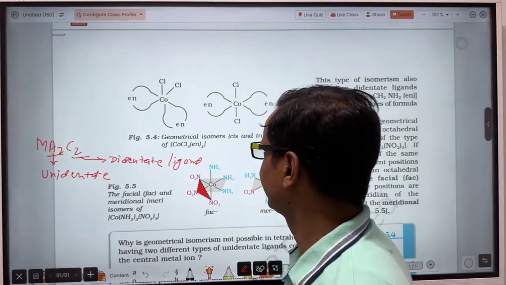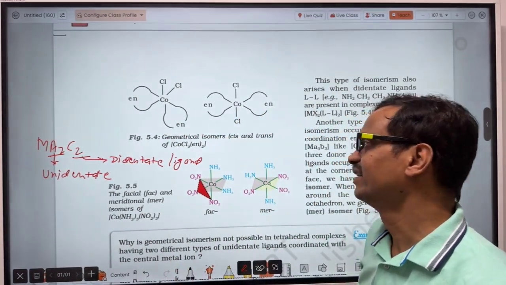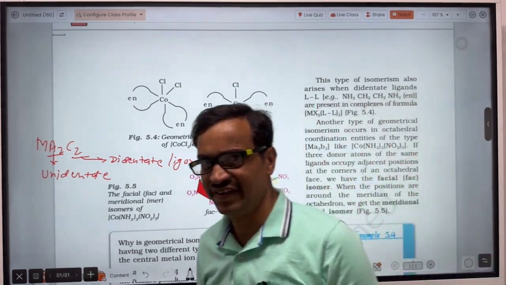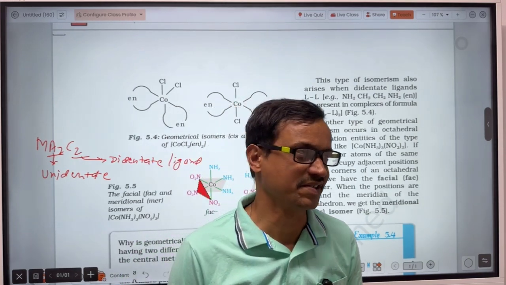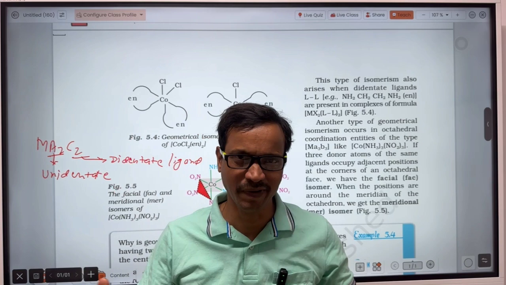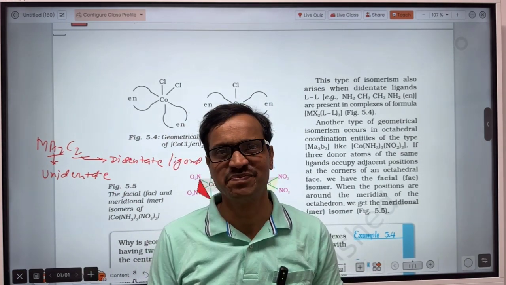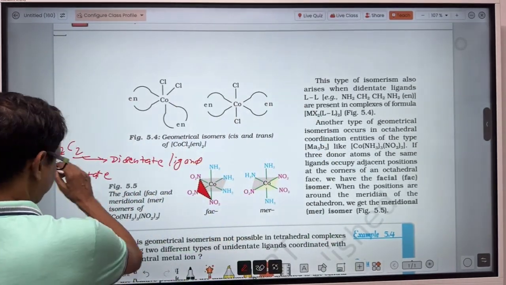If the bidentate ligands will be on the same plane, then that will be trans. And if the two bidentate ligands will be on two different planes, then that will be cis.